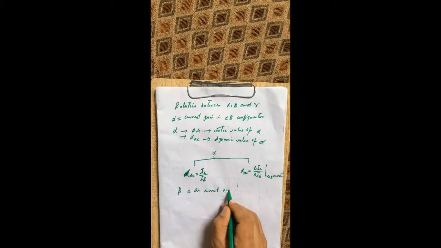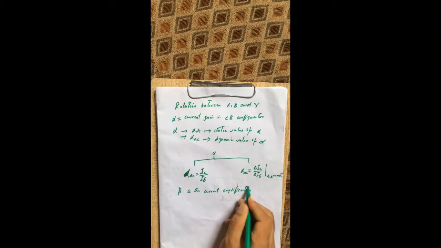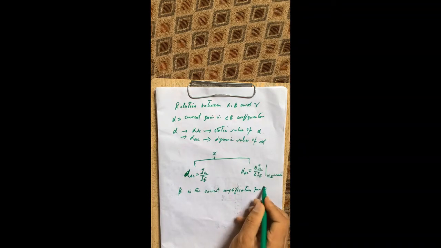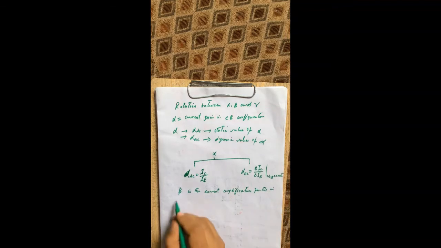Now similarly, beta is the current gain, or we can also call it the current amplification factor, in common emitter configuration.